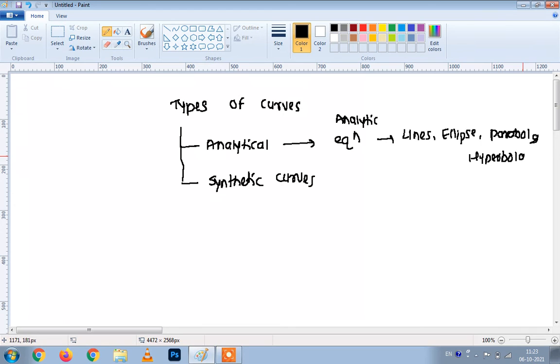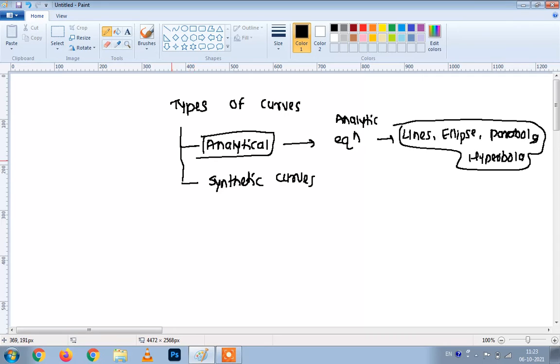For all these curves, certain equations are available, and by using this particular equation we can define the particular curve. So these kinds of curves, line, ellipse, parabola, hyperbola, are known as analytical curves.